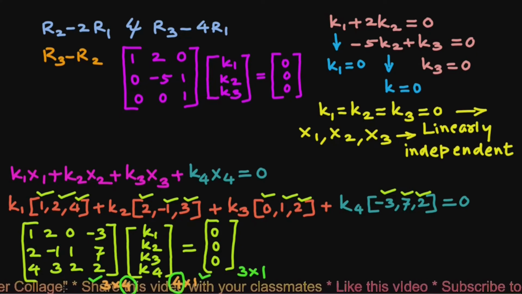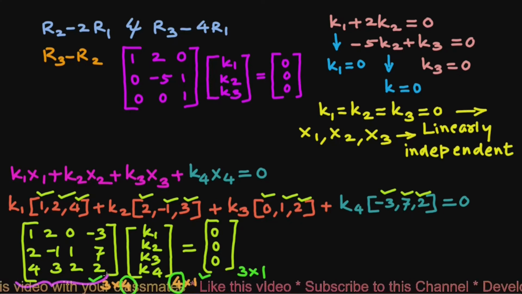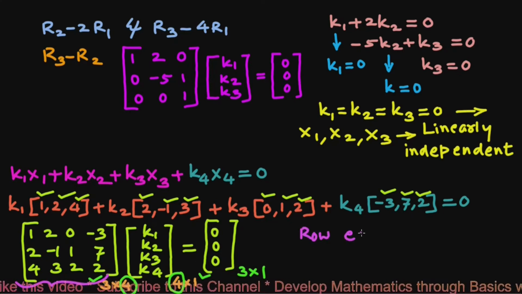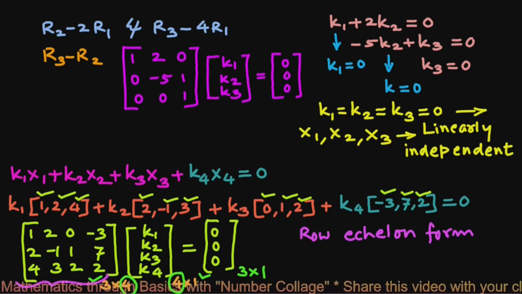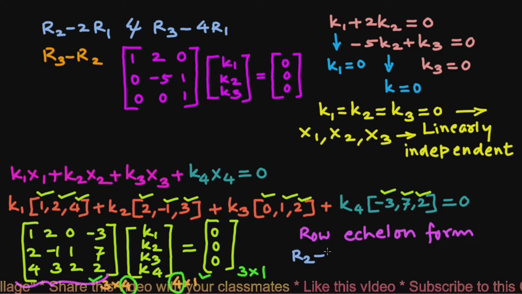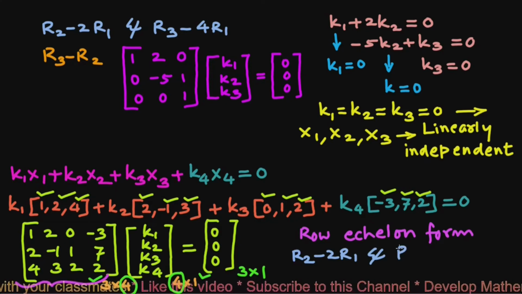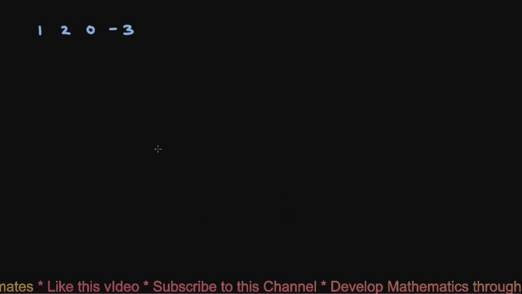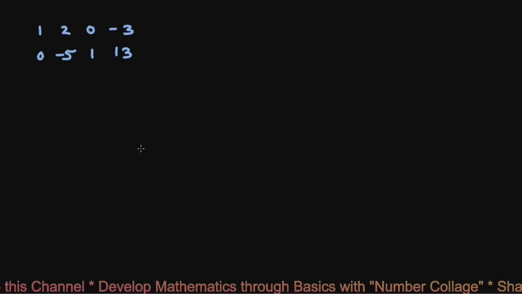Now as usual, we will convert this coefficient matrix into the row echelon form by row transformations R2 minus 2R1 and R3 minus 4R1, and after that R3 minus R2. The row echelon form will be [1, 2, 0, -3; 0, -5, 1, 13; 0, 0, 1, 1].